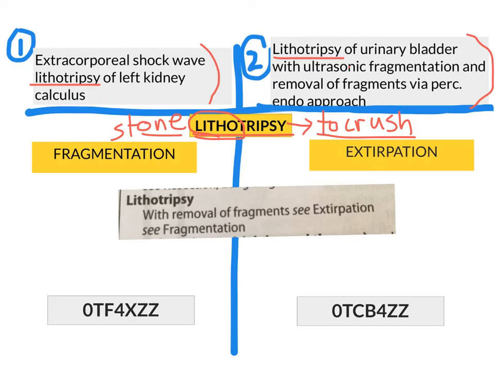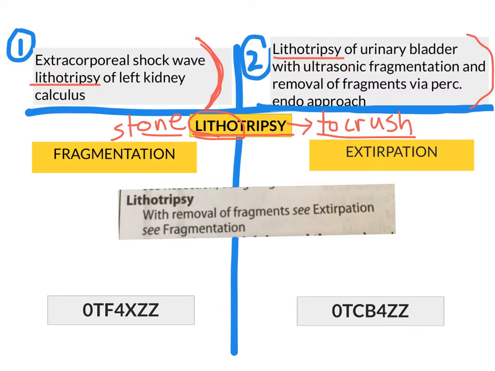Now, in example number 1 here, they do not mention removing the fragments. When they send in those shock waves, they're breaking up the stone into little fragments, but they don't mention removing the fragments after they're crushing them up.